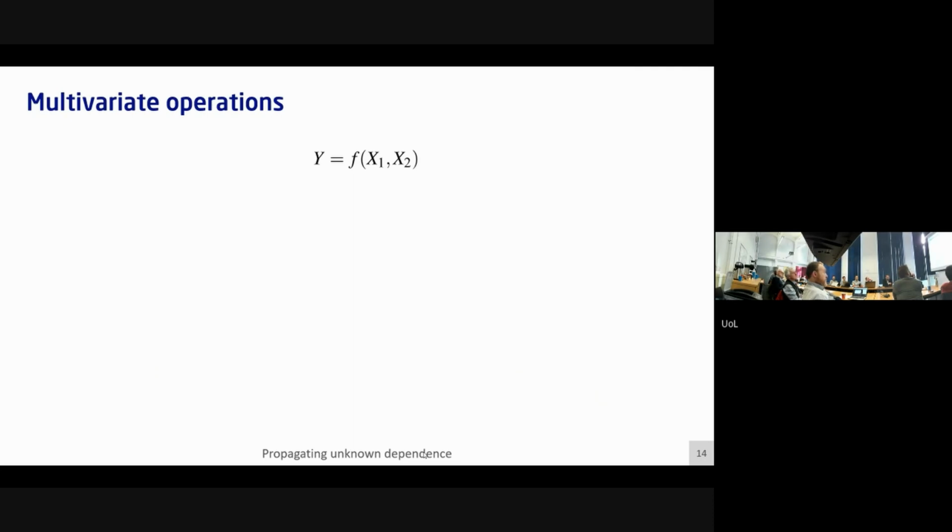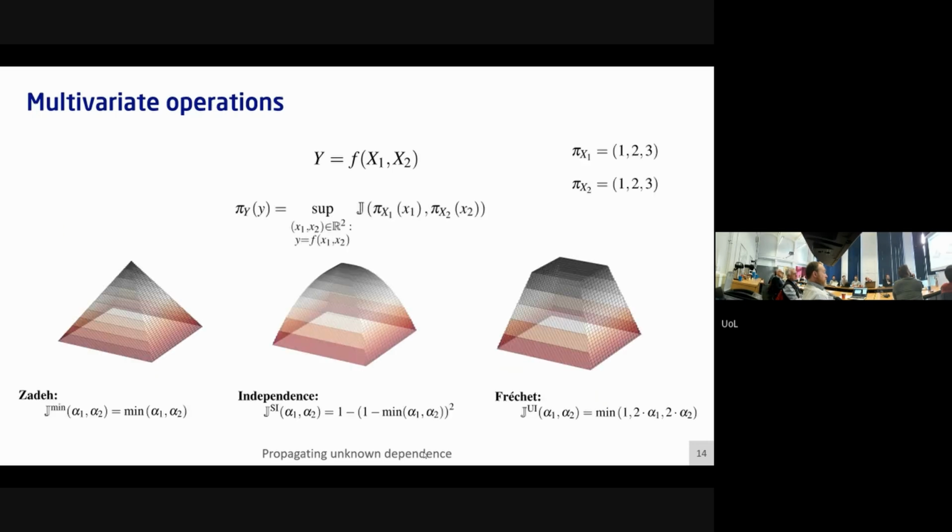When moving to multivariate operations, we need to account for dependence, and there are three functions that we know how to account for. Essentially, you can take two marginal possibility distributions, pass them through one of these functions, and then the output structure gives you the joint representation.